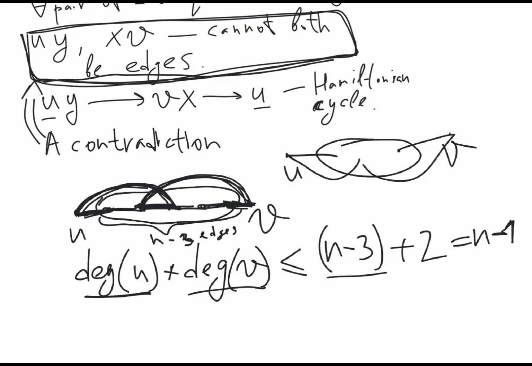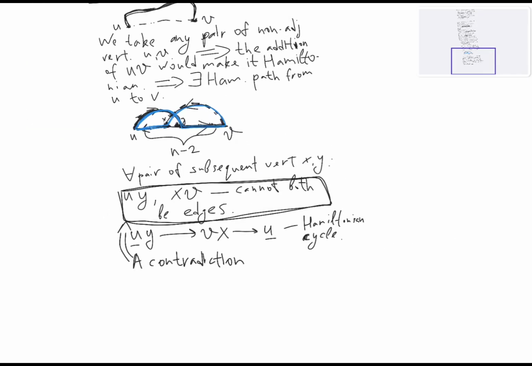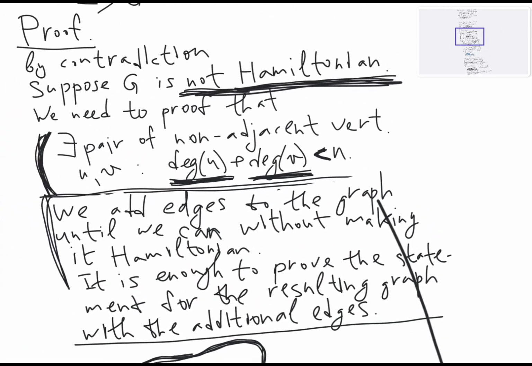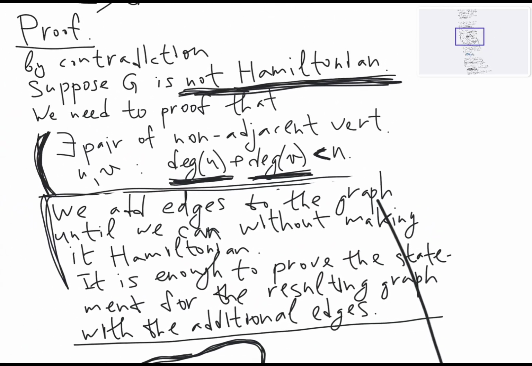And this is a direct contradiction to the original statement. So basically we proved this statement: we found a pair of non-adjacent vertices u and v such that the sum of their degrees is strictly less than n.